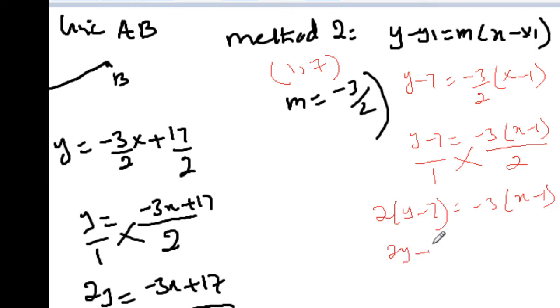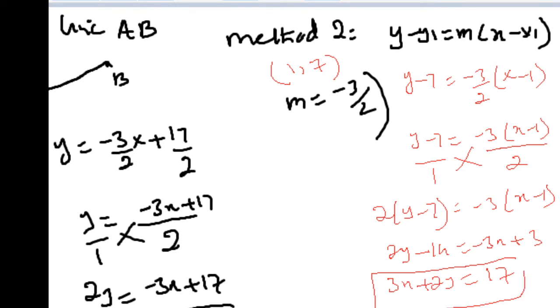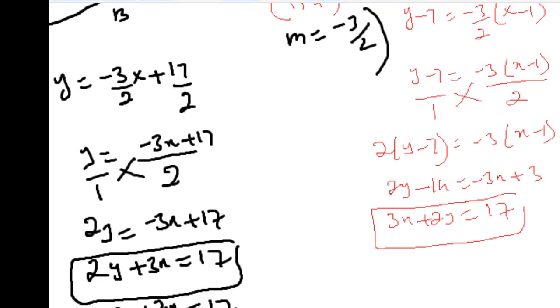So 2y minus 14 is equal to minus 3x plus 3. Now 3x comes here, so 3x plus 2y, and 14 goes there, it becomes 17. So see, the same answer we're getting with both the methods. Now it's up to you whether you like the first method or the second method.